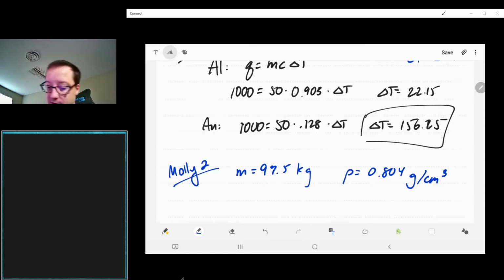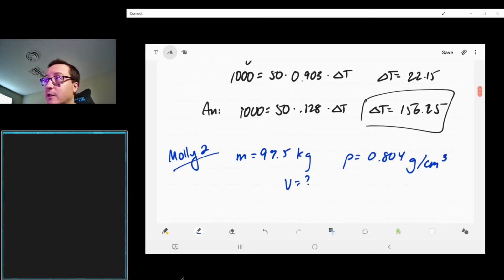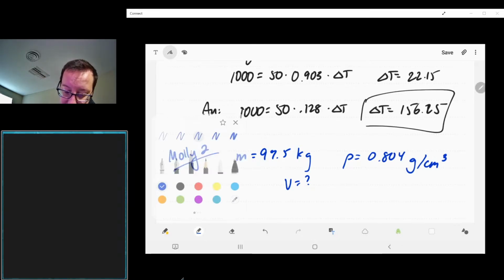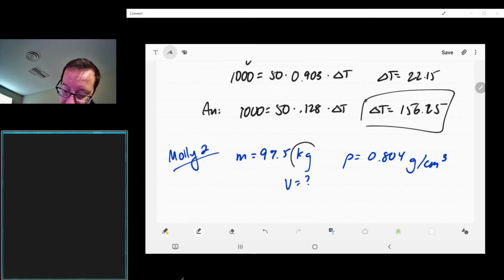And we're asked what's the volume. We can set this up using our formula, or we can use unit conversions. I think I'm going to do the unit conversion way. Notice we have kilograms here, but grams here. So we need to make sure our units are going to work out.